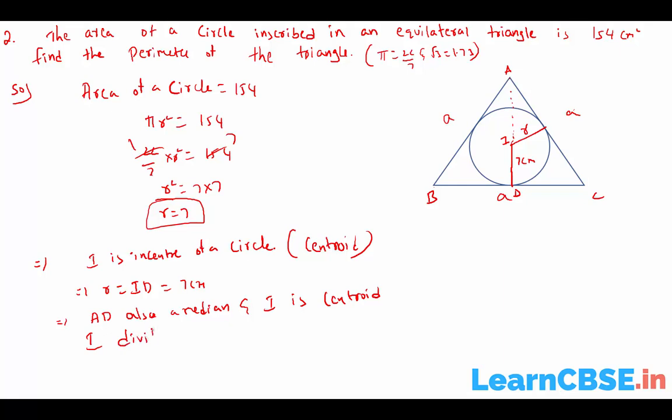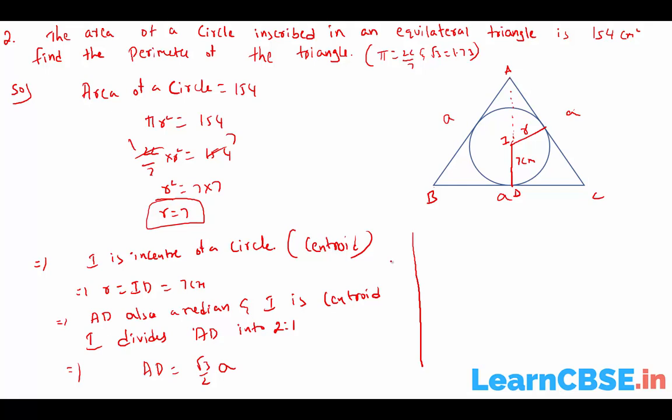I divides median AD into 2:1 ratio. Now if a is the side of the equilateral triangle, AD equals to altitude length root 3/2 a.